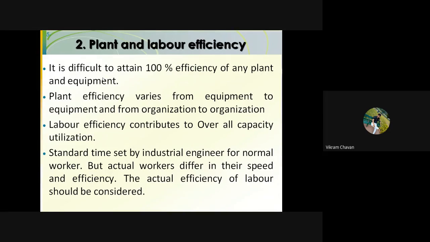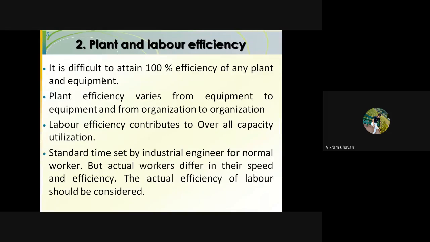We know that we will never achieve 100% efficiency, or 100% utilization of any plant, machine, or equipment. Why does it happen? Because there is some lead time between two processes, there are some allowances provided to the machine or to the laborers also, and there are breakdown and maintenance problems related to the machine. Because of that we never achieve 100% efficiency of any machine or any labor.